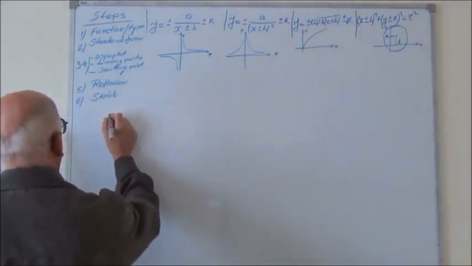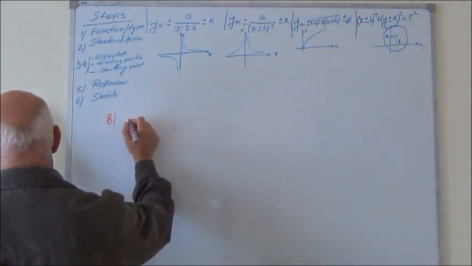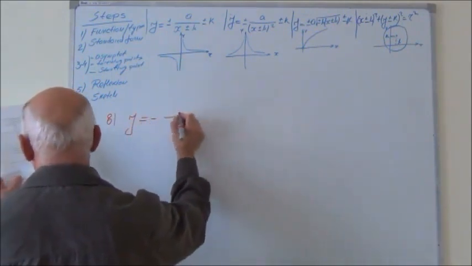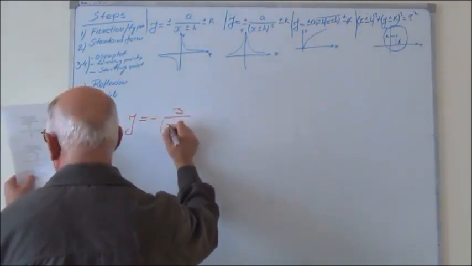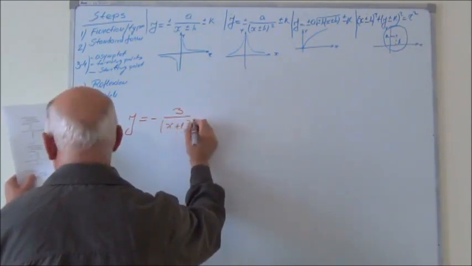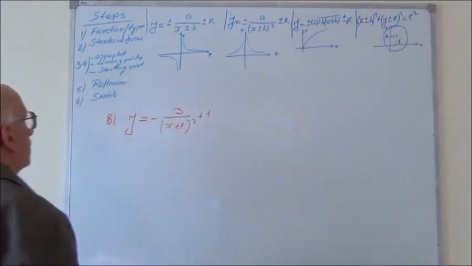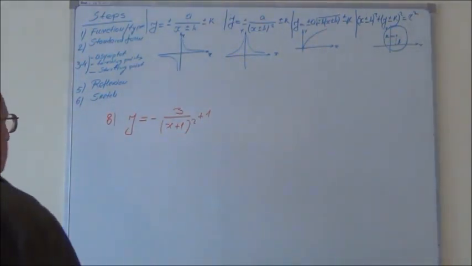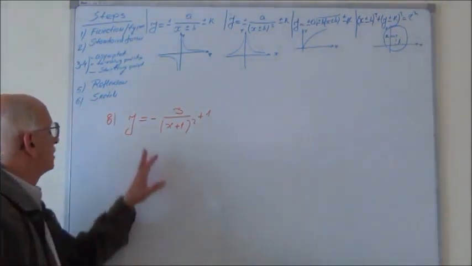Question 8 is y equals minus 3 over (x plus 1) squared, plus 1. No need to talk too much.